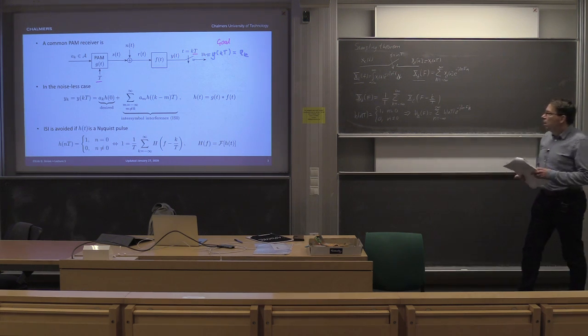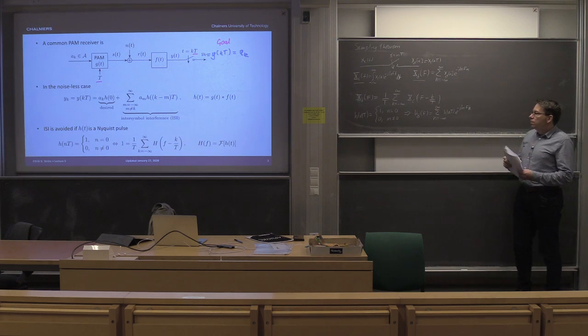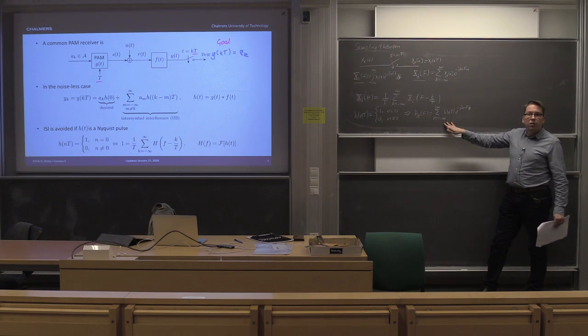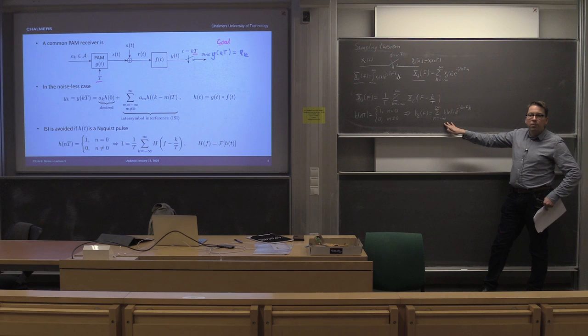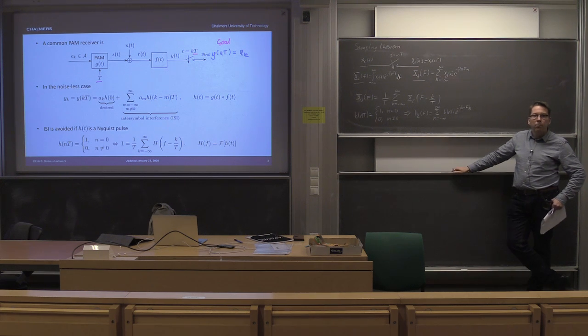Okay. So here's just the definition of the discrete time Fourier transform. So what is this equal to? Any suggestions?